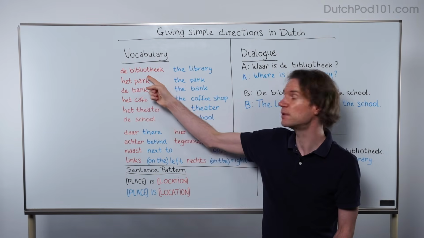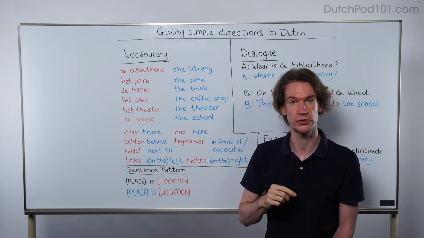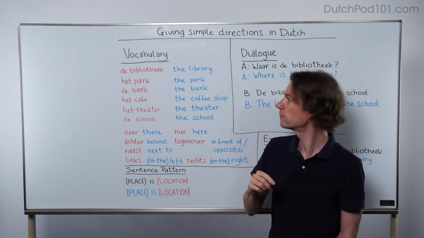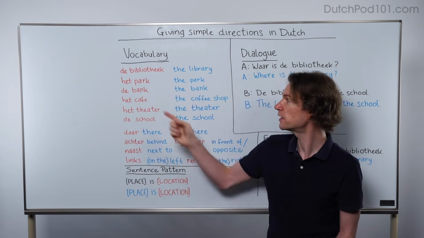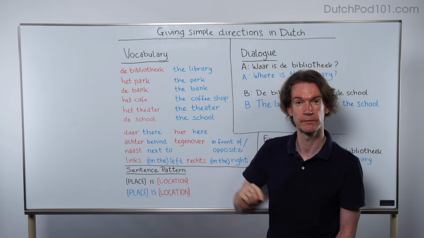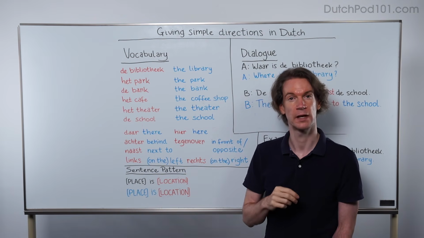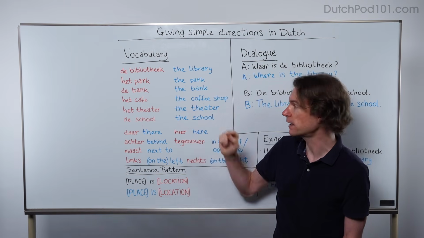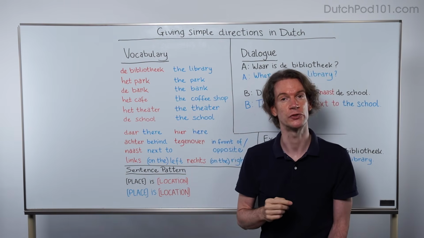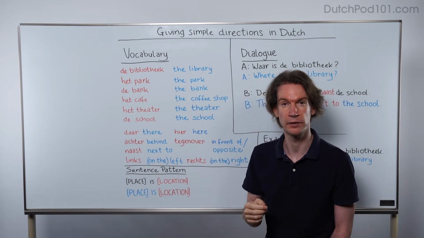Next, the park in Dutch is het park. The bank in Dutch, de bank.